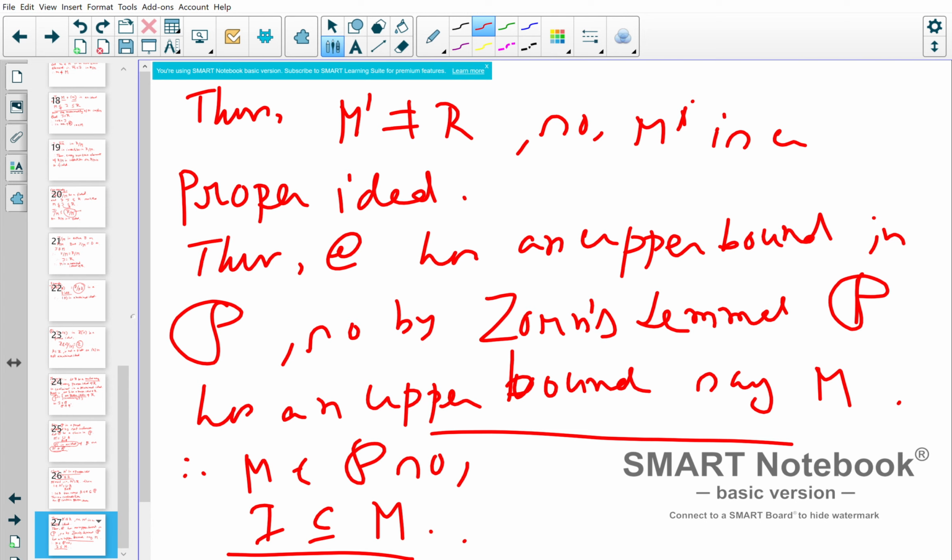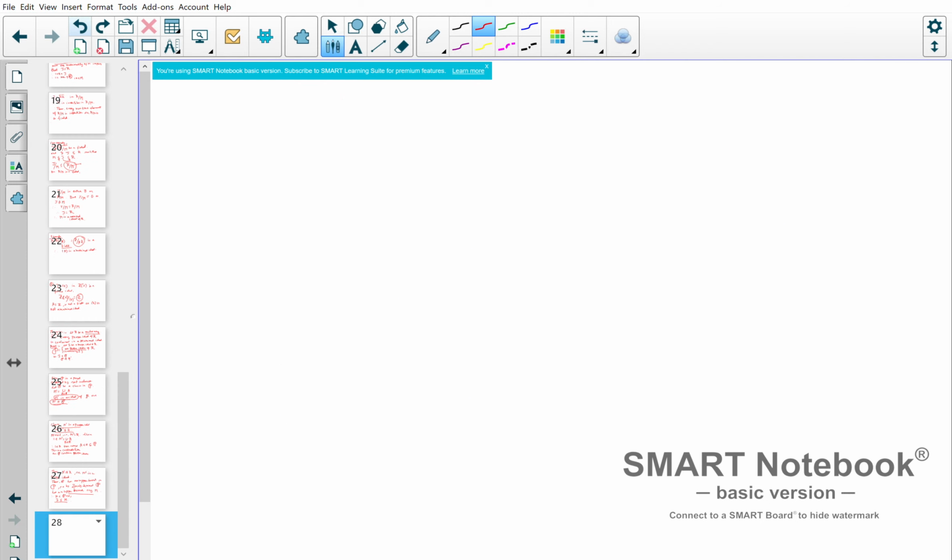Okay, so I will stop this here, just telling one last remark. If you have a commutative ring, the maximal ideals are always prime, right?